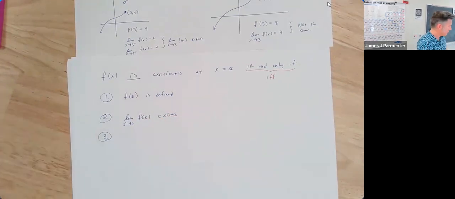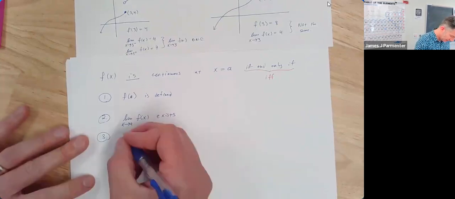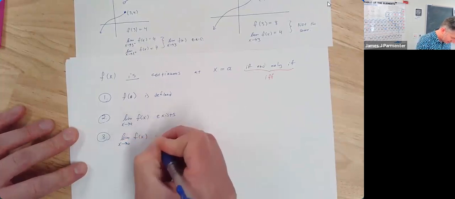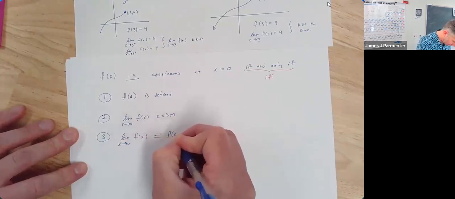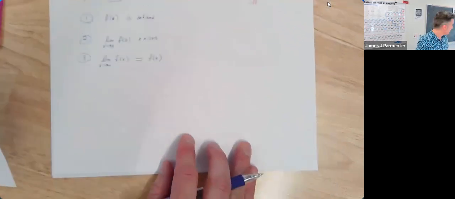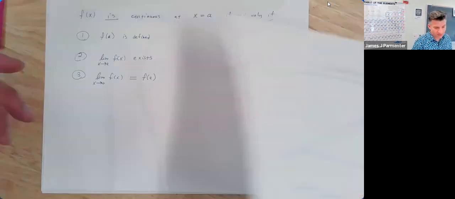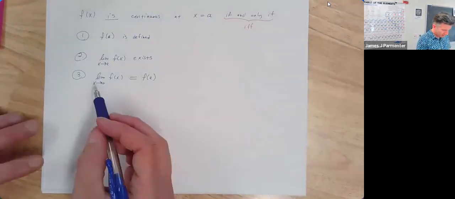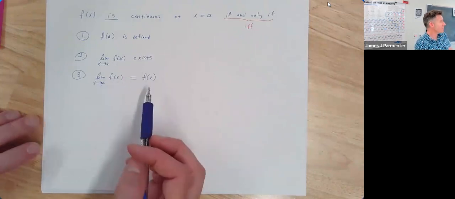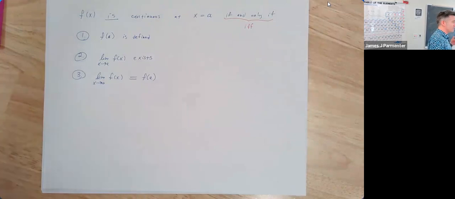And thing 3, which really encompasses thing 1 and thing 2, but it's still nice to break it apart into three pieces, is that the limit as x approaches a of f of x must equal the function value. I will point out, because it is often done this way, the third thing is all you actually need to say. People will often say that f of x is continuous if the limit is equal to the function value, because them equaling each other implies they both had to exist in the first place. But it's usually nicer just to break it down into three parts.